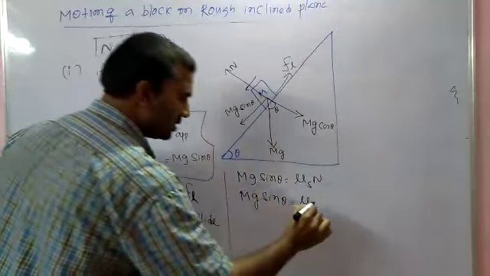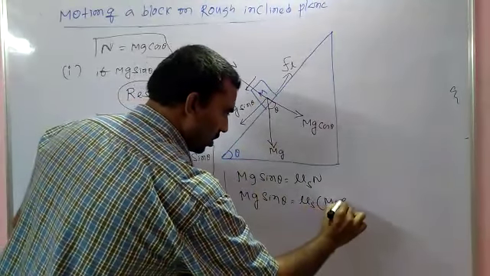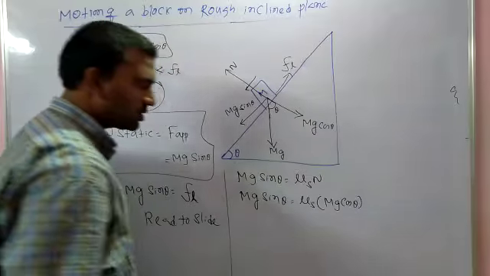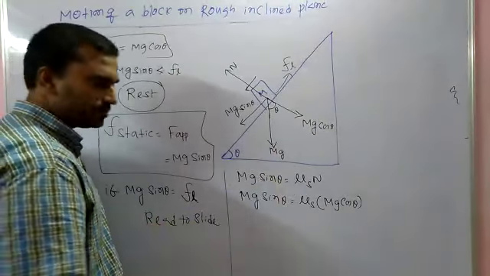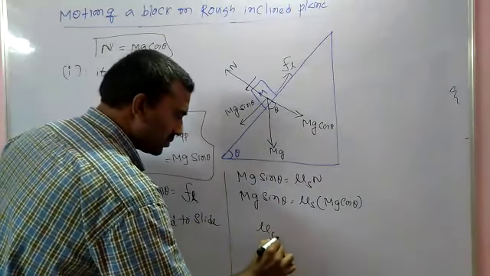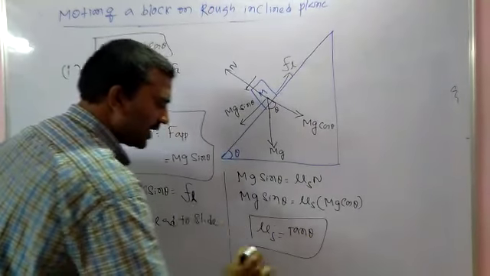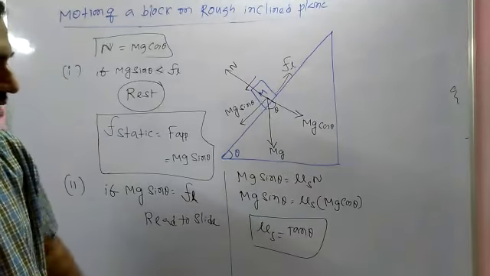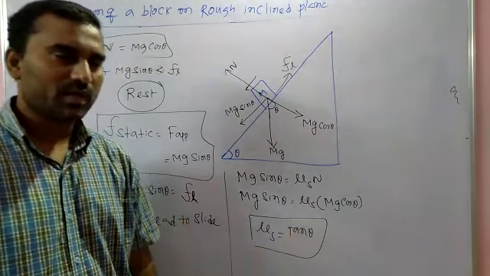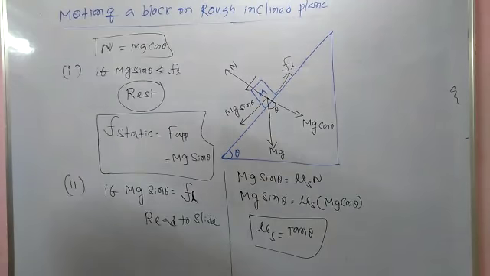The normal reaction is mg cos theta, and mg cancels. Therefore mu s is equal to tan theta. The coefficient of static friction is equal to tan theta. It is one concept. Note this down.